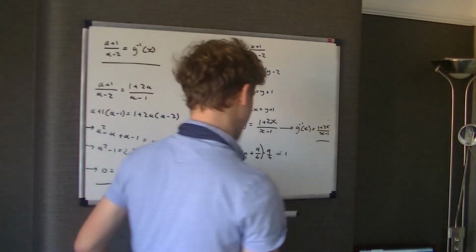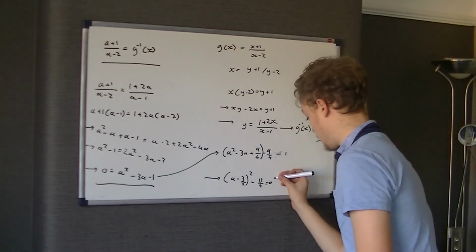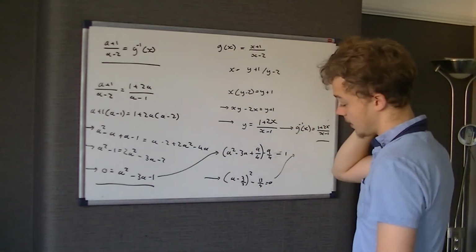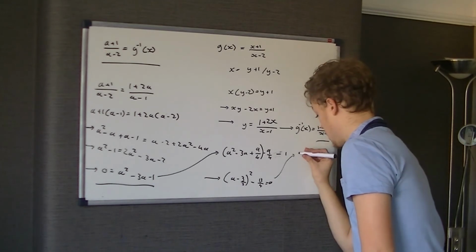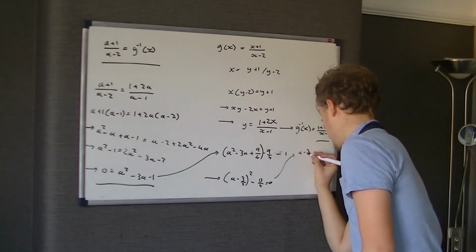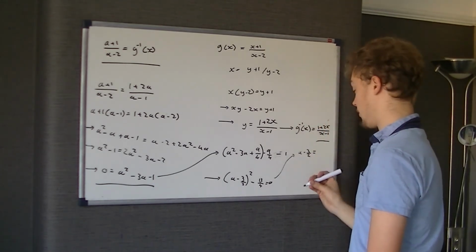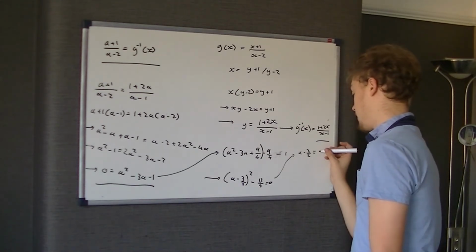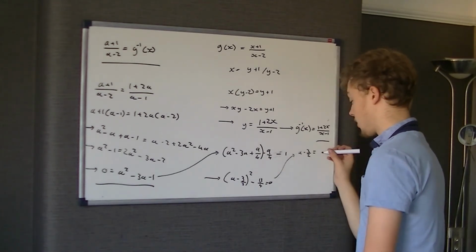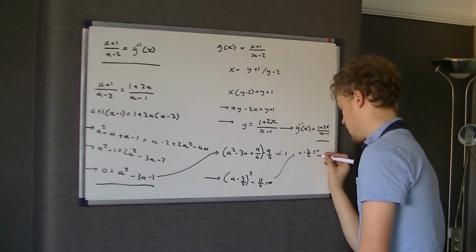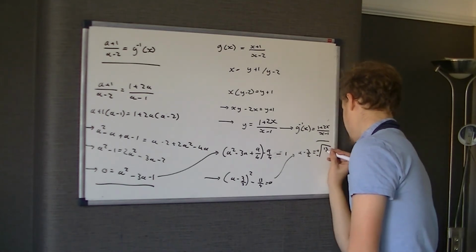So then what you do from there is using C1 stuff, so therefore you'd make a take 3 over 2 squared equal to 13 over 4, so a take 3 over 2 equals plus or minus the square root of 13 over 4.